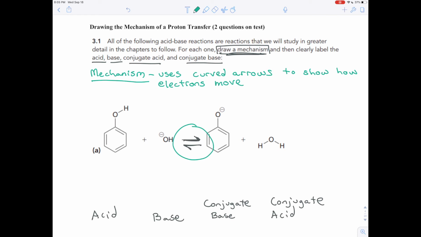So when they move around, molecules start looking different because the stuff that keeps them together is different. So mechanisms use curved arrows to show how electrons move to explain, step by step, how reactants turn into products.